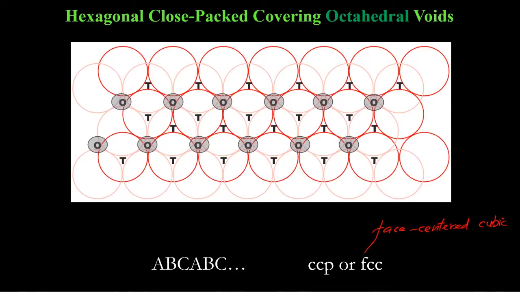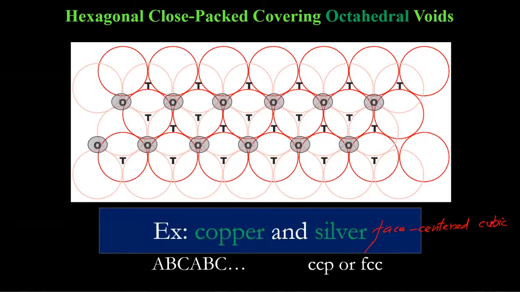Both are the same, and it is ABC type. All three layers are different, then they repeat. Examples: copper and silver. So for octahedral voids, you must remember the examples copper and silver.